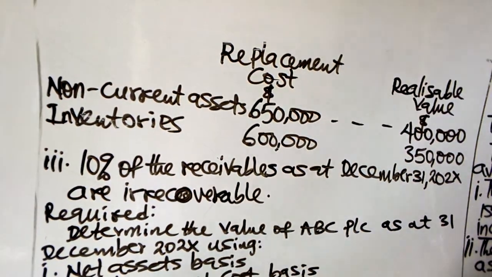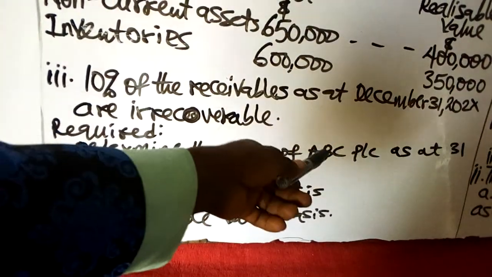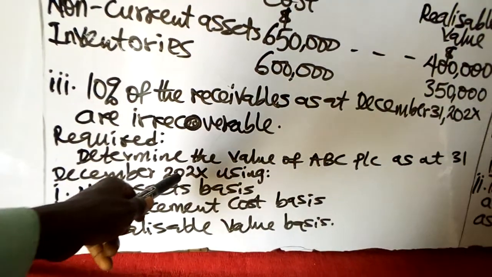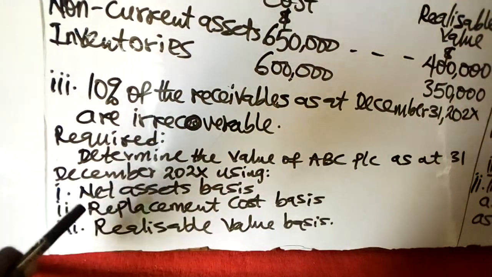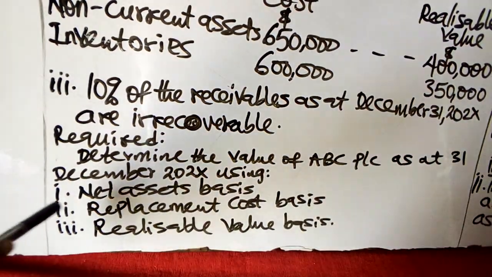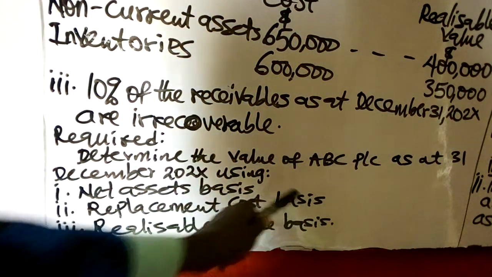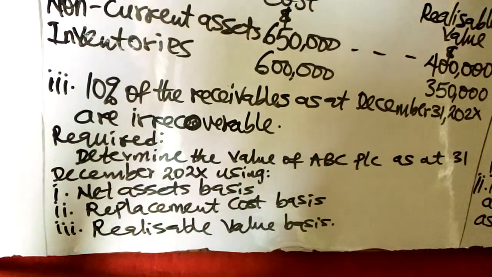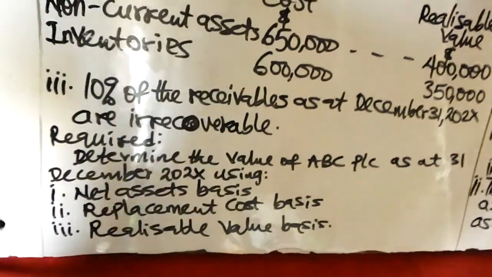Required. Determine the value of ABC PLC as at 31st December 22x using 1. Net asset basis. 2. Replacement cost basis. 3. Realizable value basis.